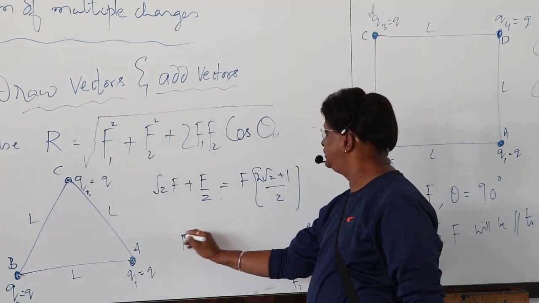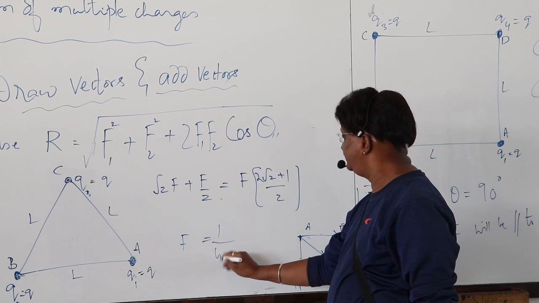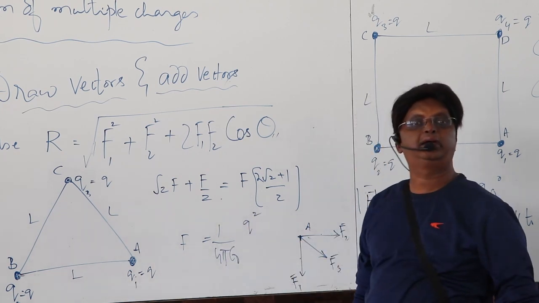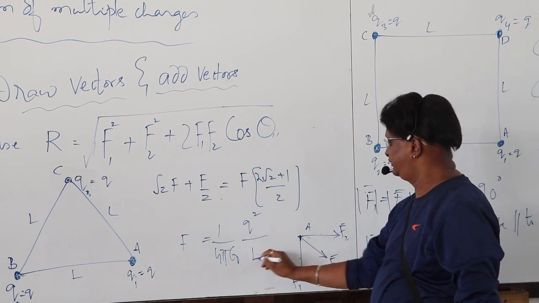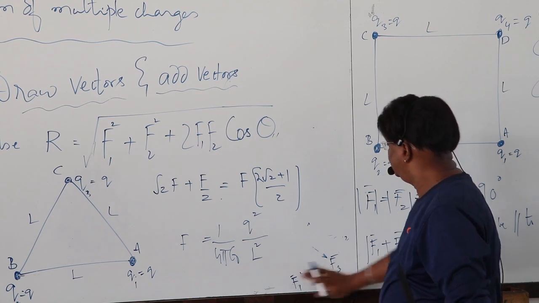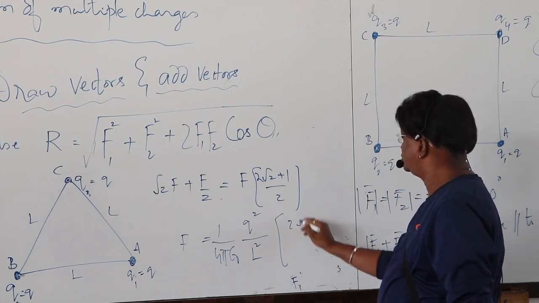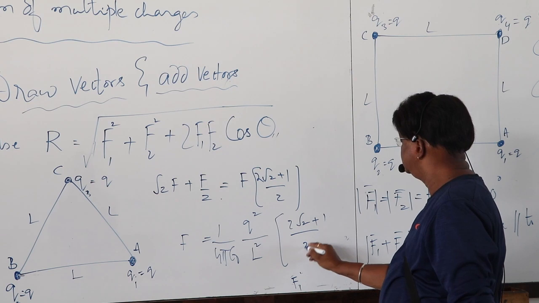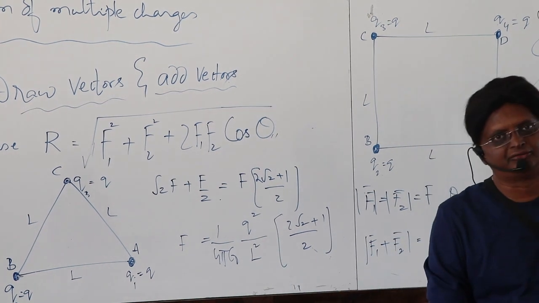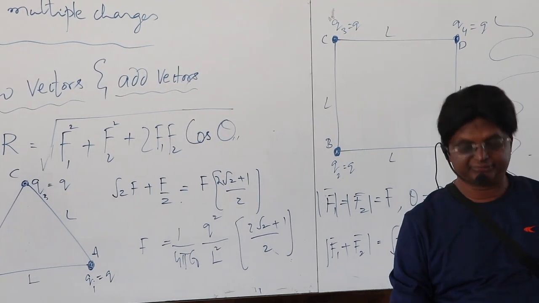This F is nothing but 1 by 4 pi epsilon naught, Q1 Q2 meaning q square, distance is L square, and of course times (root 2 plus 1 by 2). So this will be the case of drawing the vectors and adding the vectors.